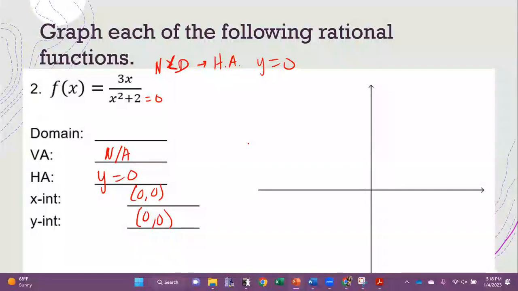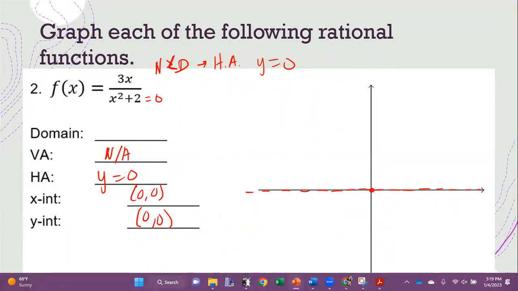Vertical just cannot be touched. Okay, all right, here we go. Origin. We have our asymptote, which is only affected around the origin, but not at the origin. And we just have to figure out what's happening on the other sides.